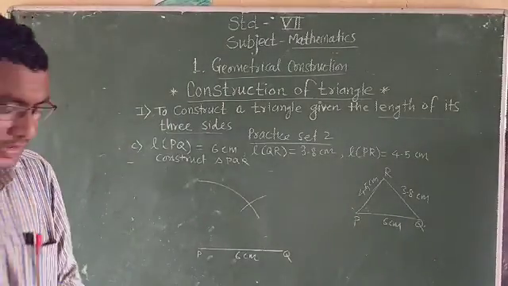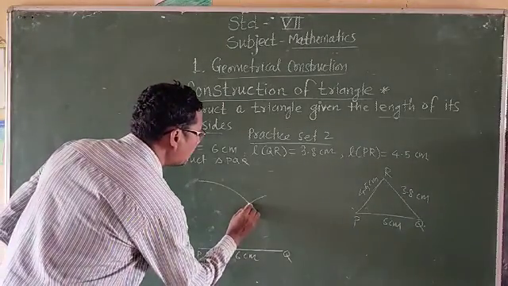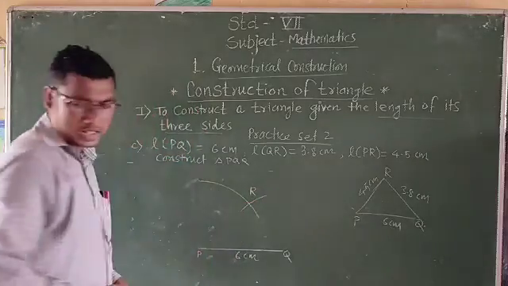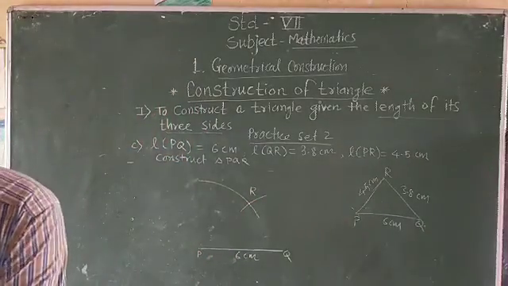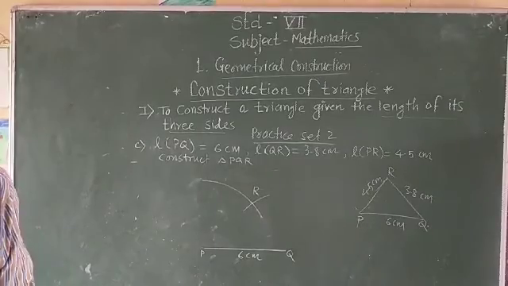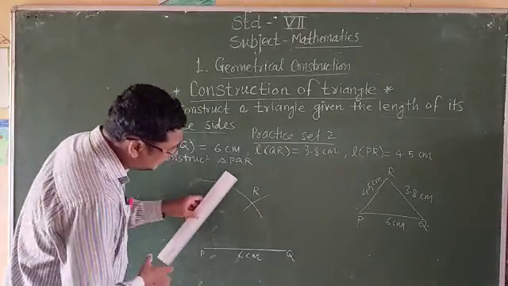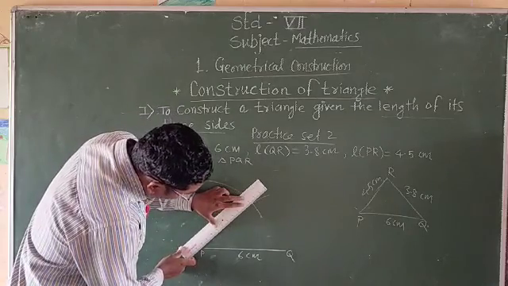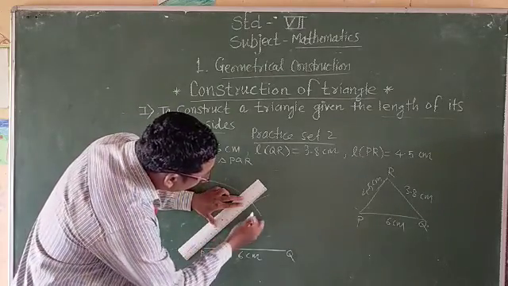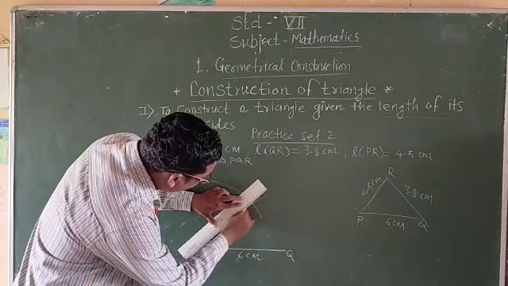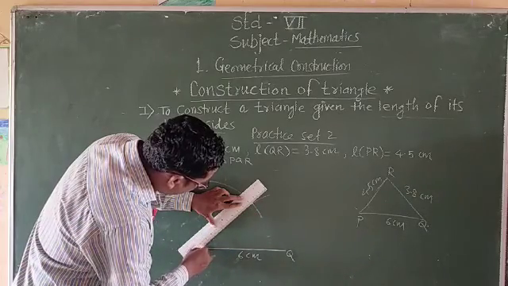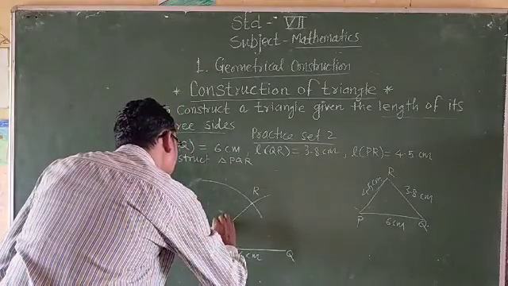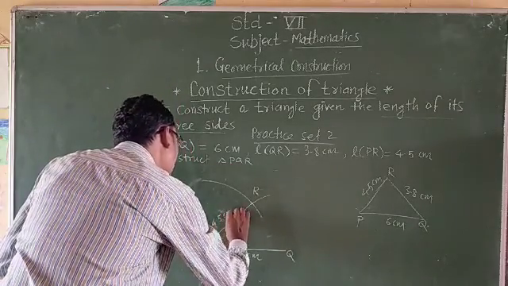Then after that, look here, put a pointer, and this is point R. Then we have to join these points using a sharp pencil. Point P and point R, you have to join. That length is 4.5 centimeter.